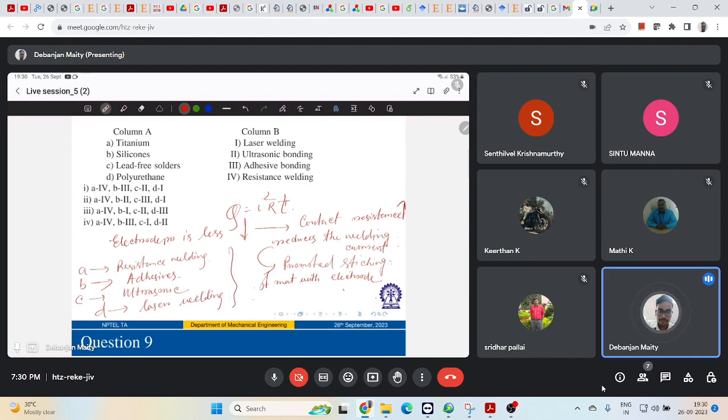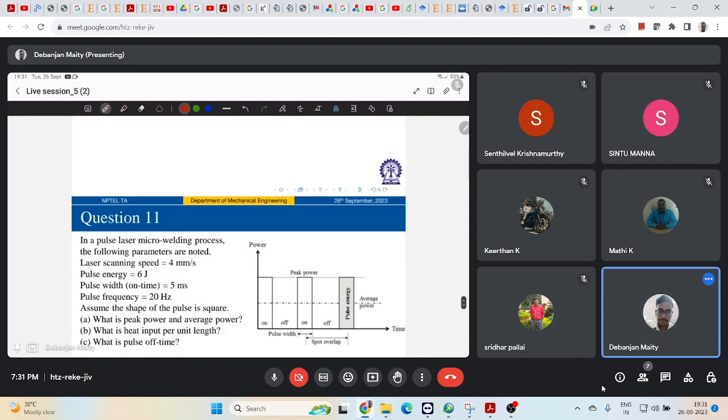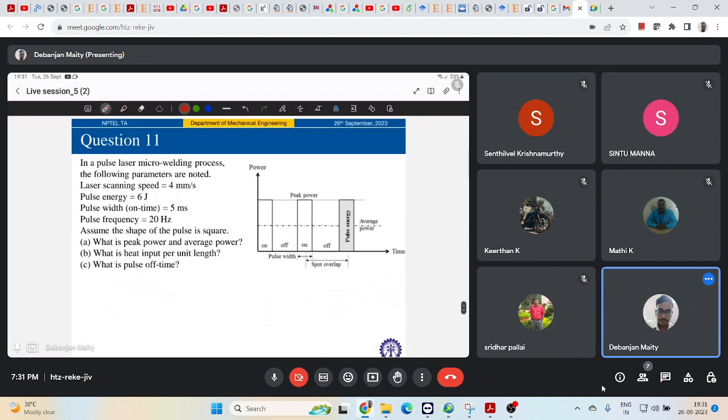Okay, we'll directly go to the numerical part. So you have this pulse laser micro welding process where the scanning speed, the pulse energy, the pulse on time, and the pulse frequency data are available with us.